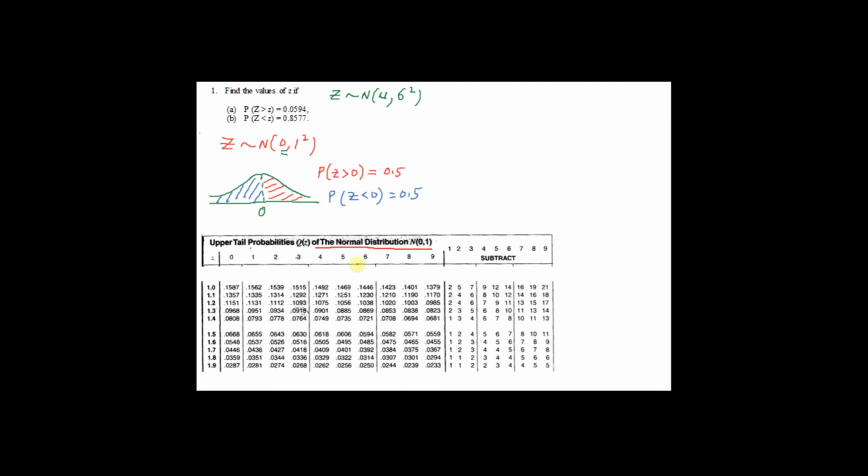You have to know how to read the table. For this table here, they always give the upper tail, that is, they give the probability on the right hand side here.